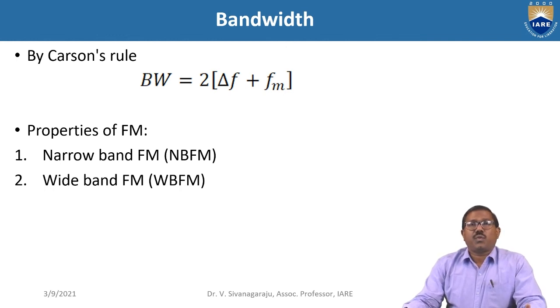And the properties of this FM: there are two properties. One is narrowband FM and the second is wideband FM. These are the two properties of FM, and generally we can also call them two varieties of FM.